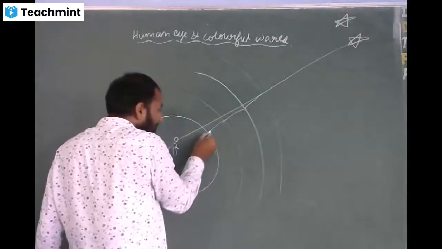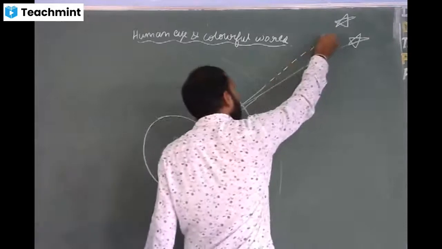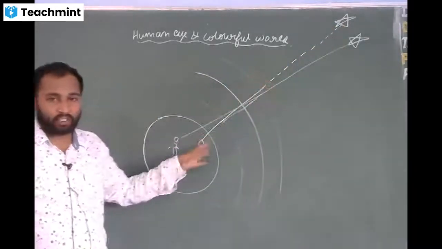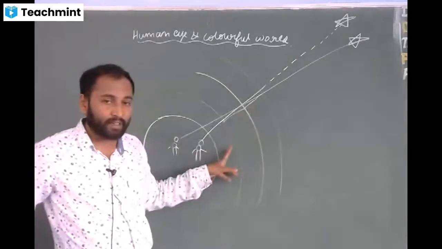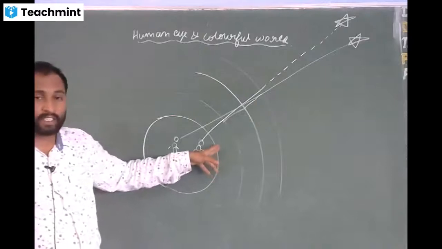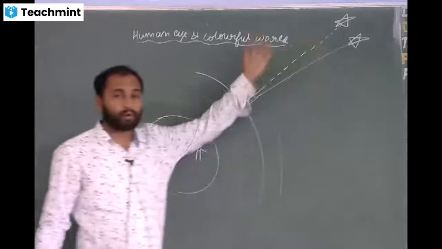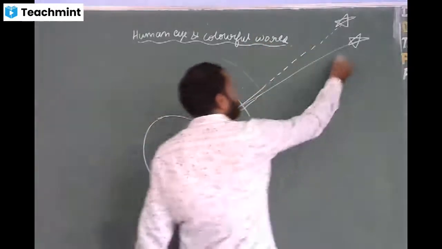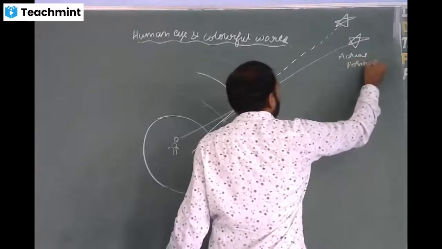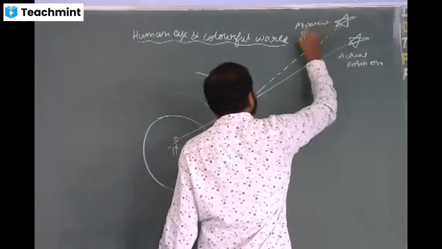Due to the refraction through the layers of the atmosphere, or through the gradually changing refractive index, instead of seeing the star here, you will see the star above the actual position. This is the actual position, and this is the apparent position of the star.